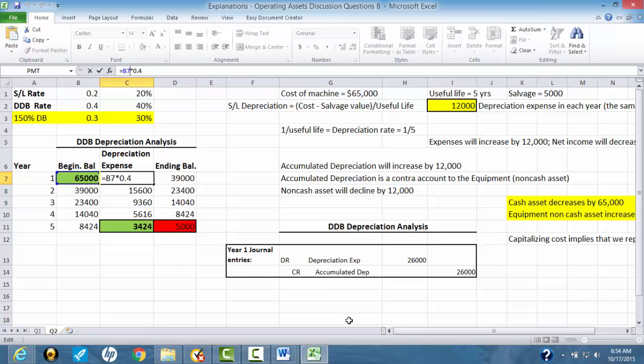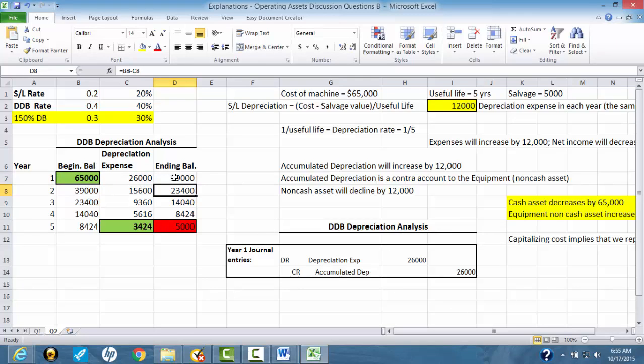So let's do 40% of the asset value or the balance in the account, and 40% is 26,000, meaning that if the asset has declined or depreciated by 26,000, we are only left with 39,000.